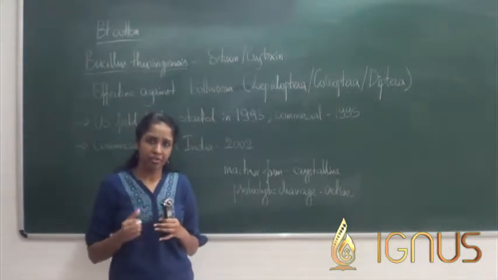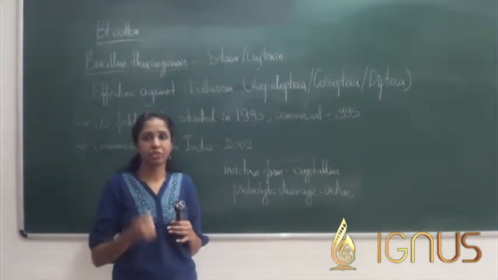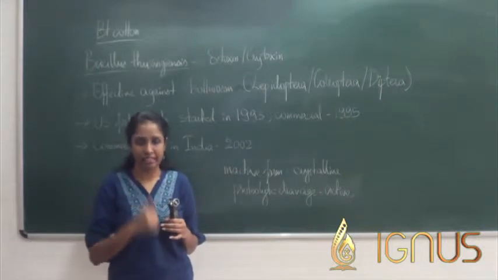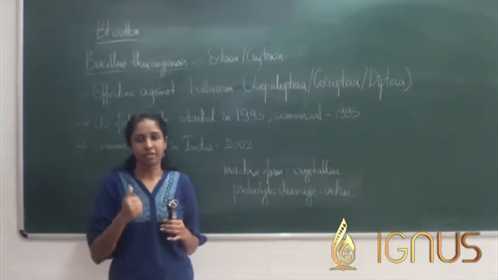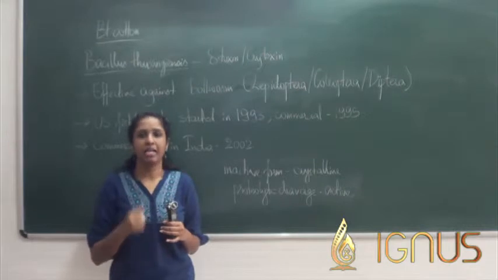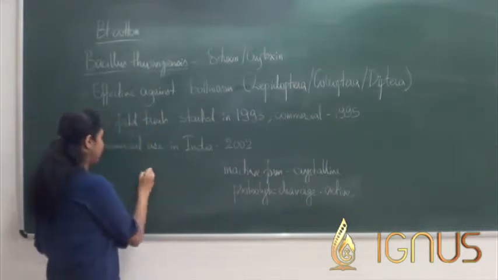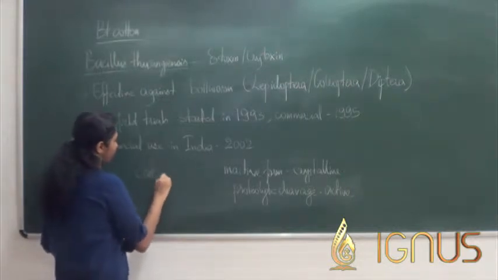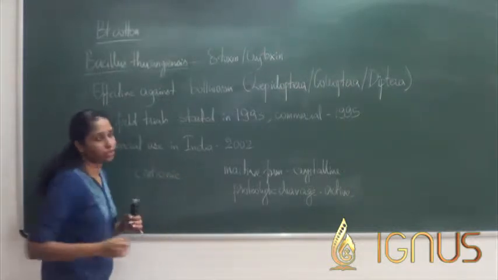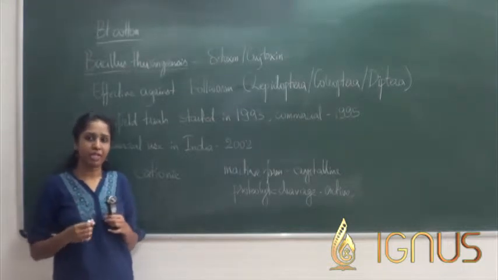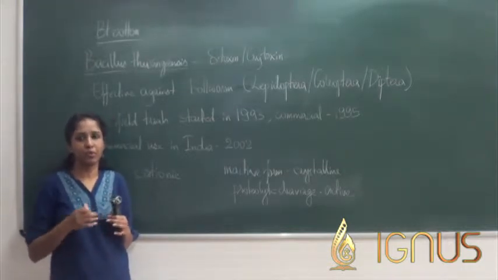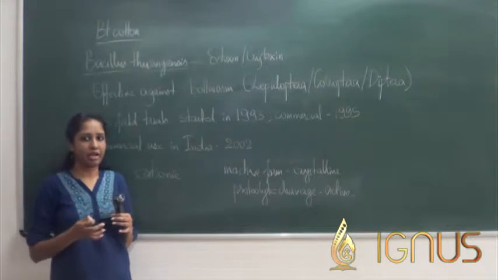When the toxin is active, it is going to attach itself to the epithelial cells of the gut, and it is going to create cationic channels in the plasma membrane of the epithelial cells within the gut of the larvae.